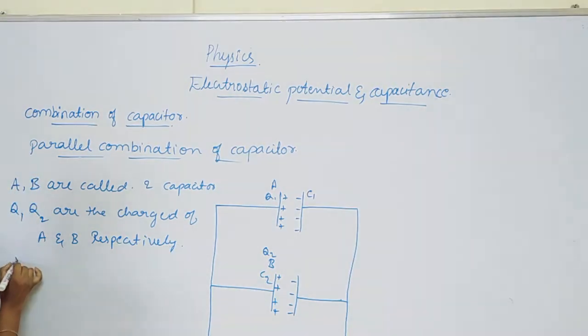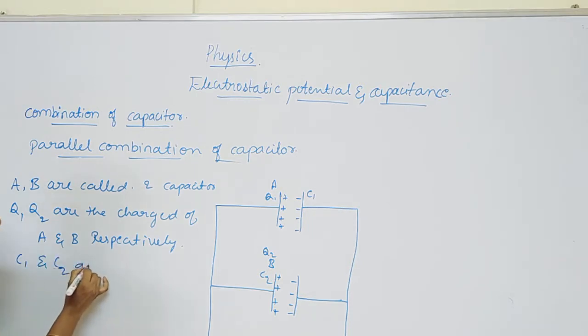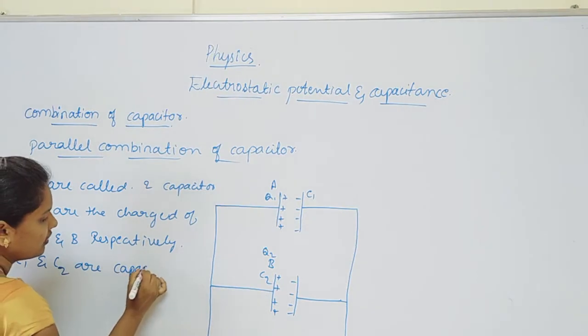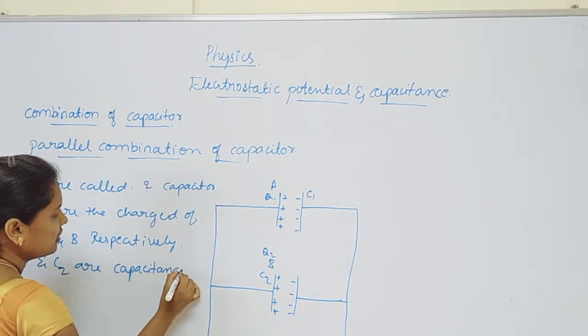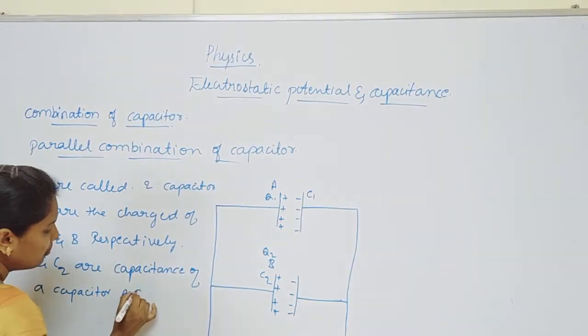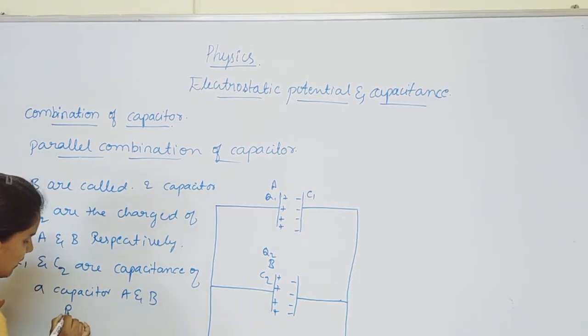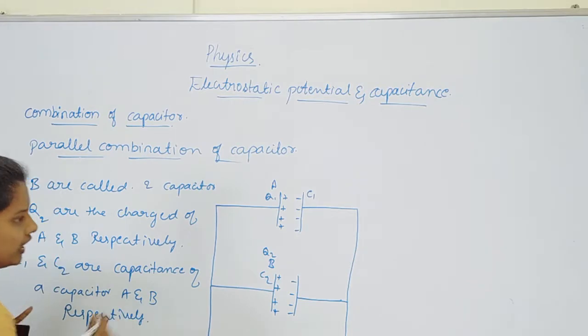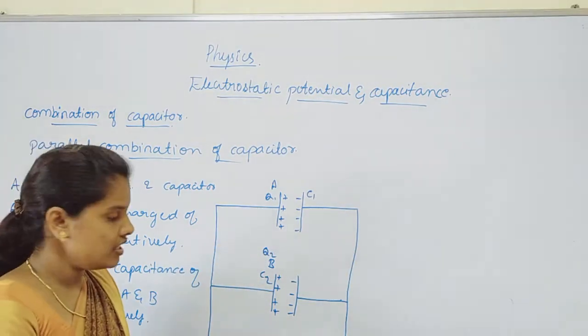C1 and C2 are the capacitances of capacitors A and B respectively. Therefore here the potential difference is the same.